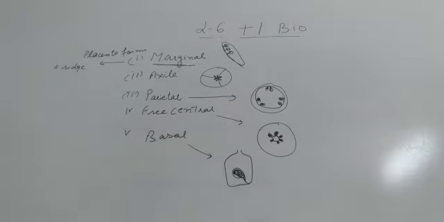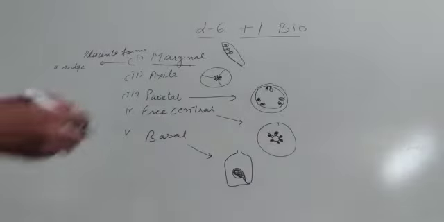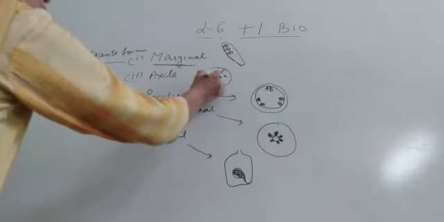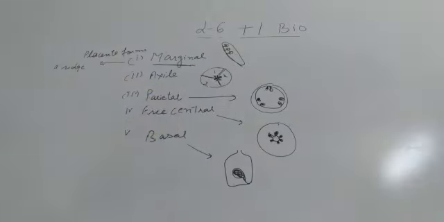Now, second is axile. In case of axile placentation, the ovules are attached to it in a multilocular ovary. The ovary is divided into these three locules, 1, 2 and 3. So, in the axile placentation, ovules are attached to it in multilocular ovary, and the placentation is said to be axile.